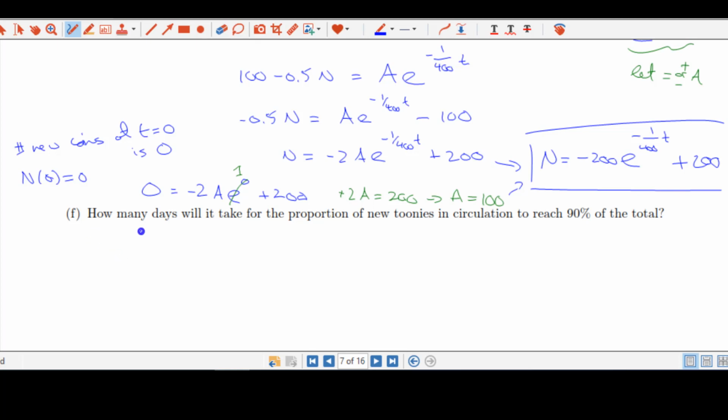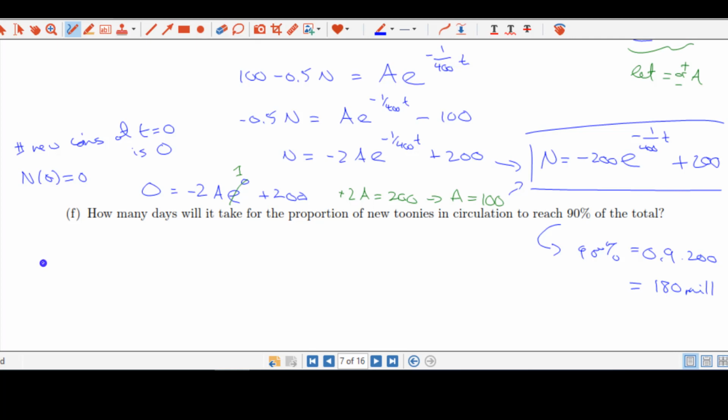Finally, we can use that to make a prediction. How many days will it take for the proportion of new tunies in circulation to reach 90% of the total? Well, 90, this is a number. Our n is a numerical value, numbers of coins in millions. So if not the number of coins, it's 0.9 times 200 million, which is 180 million.